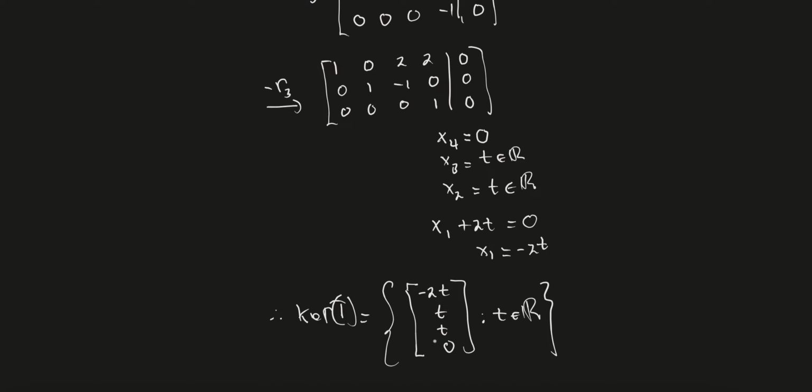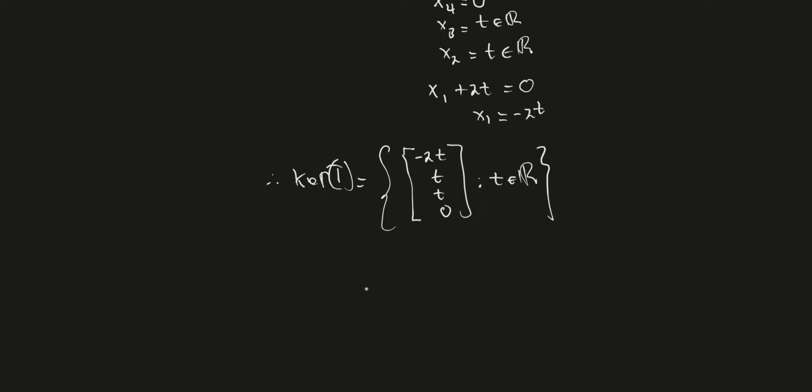So any vector of this form, when multiplied by our standard matrix that we defined earlier, will produce the 0 vector. But the other thing that's interesting is that if we look more closely at this vector, negative 2t, t, t, 0, notice I can factor out the t, and that leaves the vector -2, 1, 1, 0.